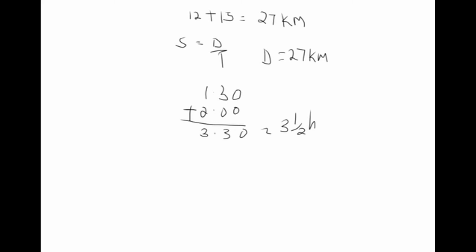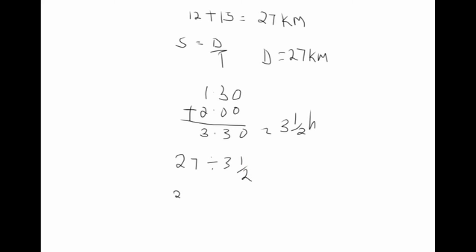Speed is distance divided by time. 27 divided by 3.5. Change this into improper fraction. This is a mixed number. Change it into improper fraction. We will have 7/2.